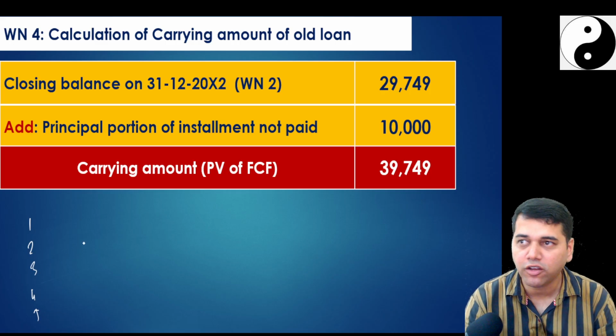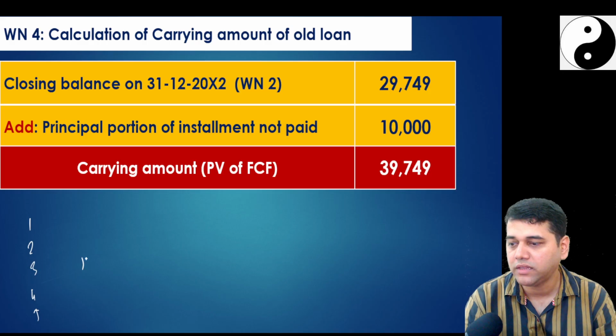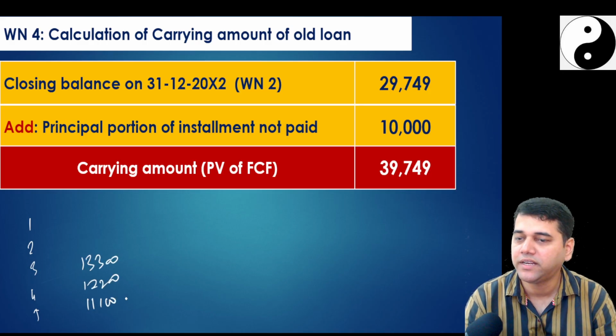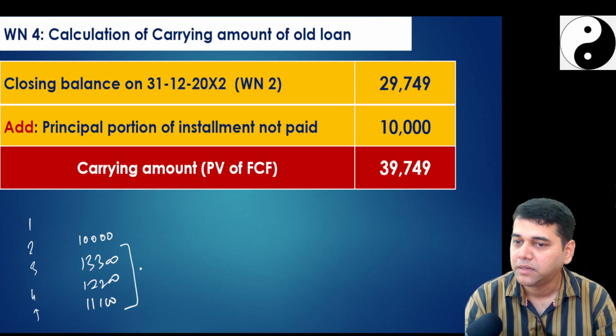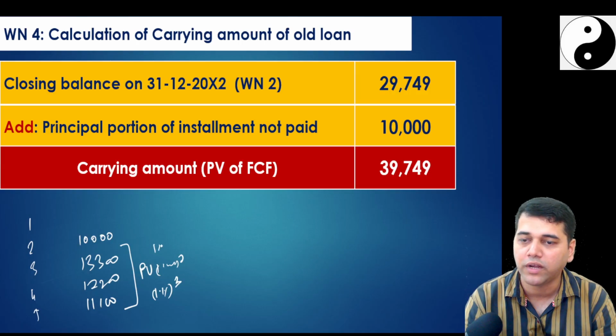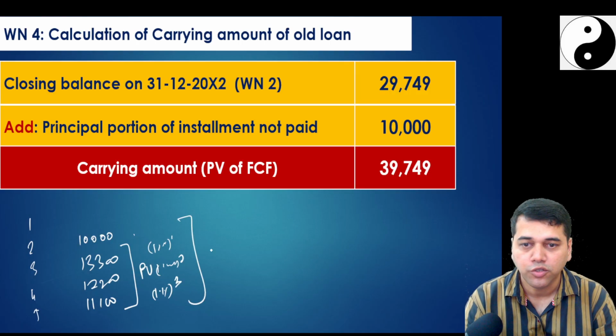We want at the end of the second year now. It is 13,300, 12,200, 11,100. Did you pay 10 times 0? If you find this present value, 1 divided by 1.11 to the power 3, 1 divided by 1.11 to the power 2, 1 divided by 1.11 to the power 1, plus 10,000, you will get the same, no?